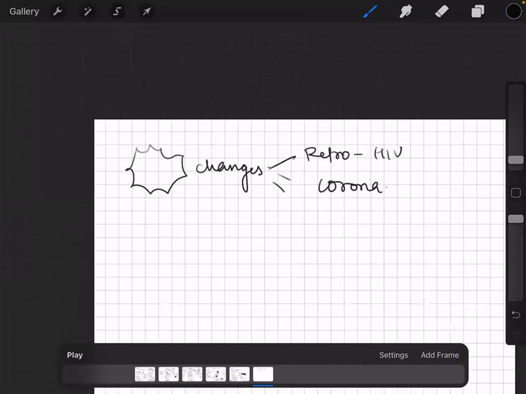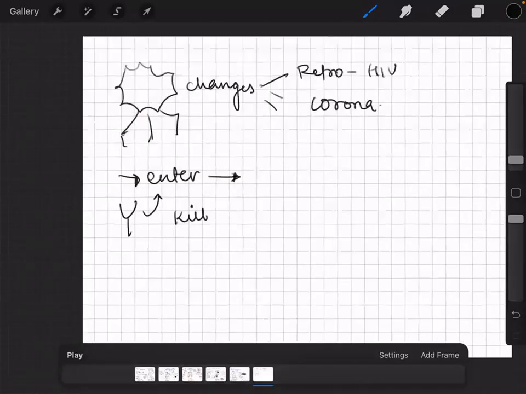So what happens with these viruses is mostly they have a specific structure when they enter your body, and it is quite possible that by the time they entered, your system already had an antibody to kill them, and it will kill that particular virus for which the antibody was present.